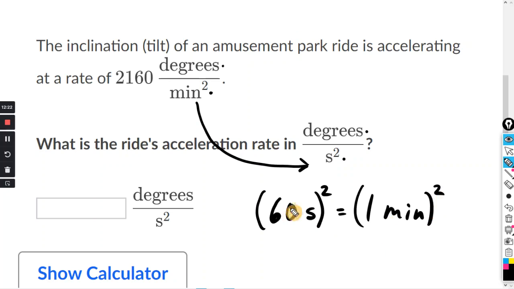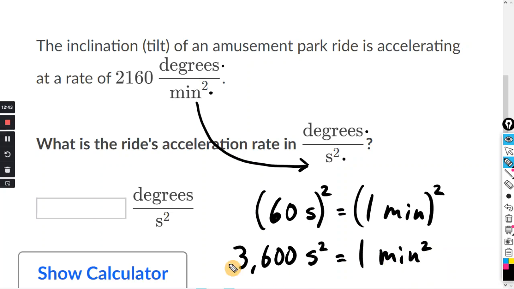All right. So 60 squared, or 60 times 60, is 3,600. And seconds squared is just seconds squared. Now for the minutes, 1 squared, or 1 times 1, is just 1, and minutes squared is just minutes squared. So this is going to be the conversion that we use.